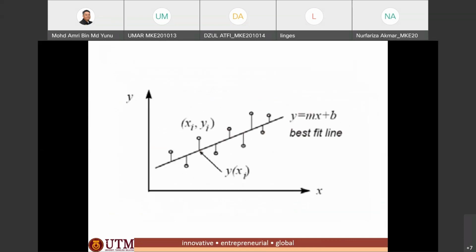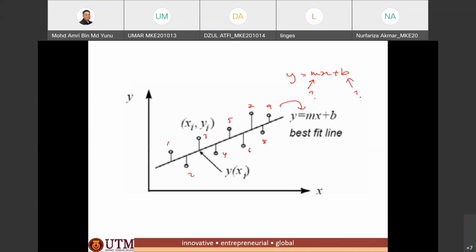If we have a set of xy data, let's say 9 sets of data, based on these we can determine the equation y = mx + b. So what we want to determine is the value of m and the value of b.